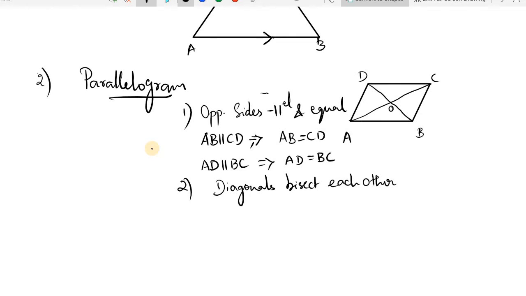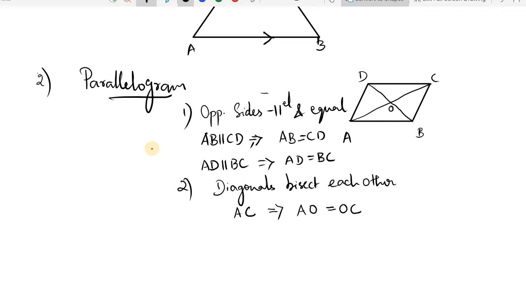That is, suppose I have the diagonal AC. Now BD cuts AC at O. And what happens here? You'll find that AO equals OC. They are both equal to each other.